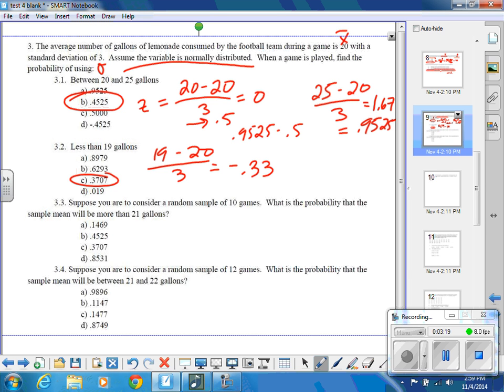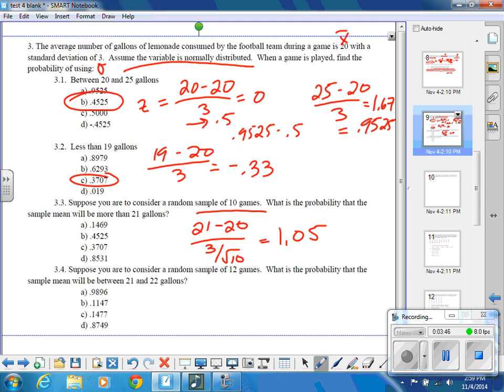Then it says here, suppose you consider a random sample of 10 games. What is the probability the sample mean will be more than 21 gallons? They already told us that it was normal, so if we're going to use a sample of 10, which is less than 30, we're good. So again, I need that other formula that we just had. 21 minus 20 over 3 over the square root of 10. Pop that in the calculator, and I get 1.05.